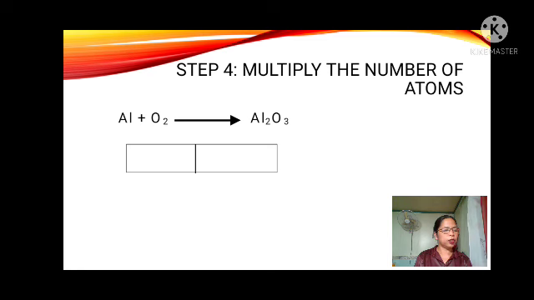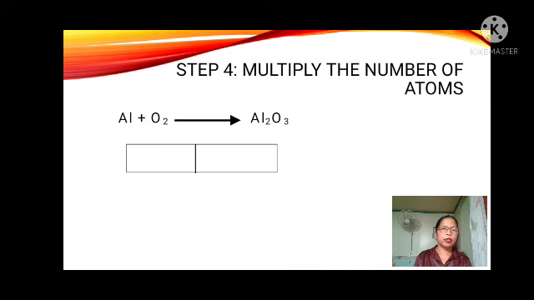In order for us to balance the chemical equation, we need to make sure that the number of atoms of each element on the reactant side is equal to the number of atoms on the product side. In order to make both sides equal, we need to multiply the number of atoms in each element until both sides are equal.